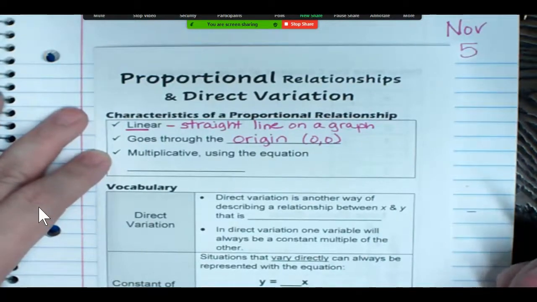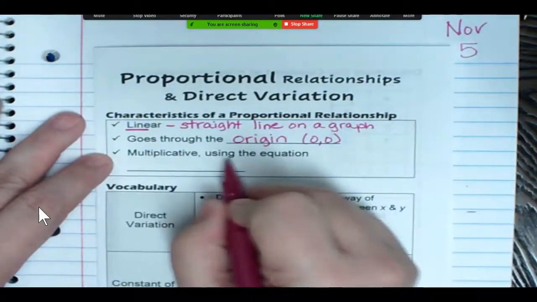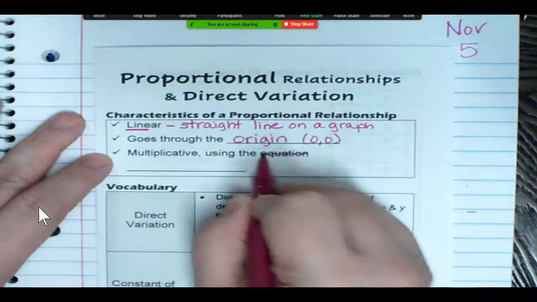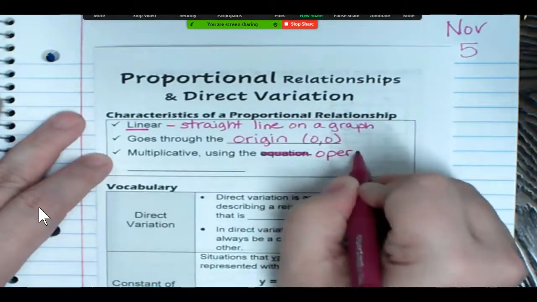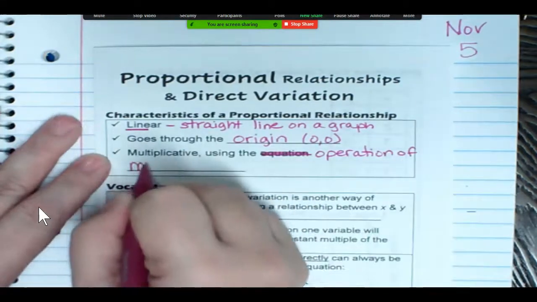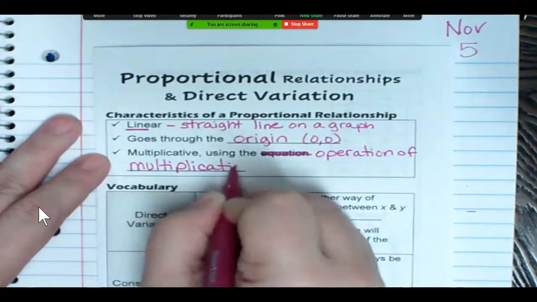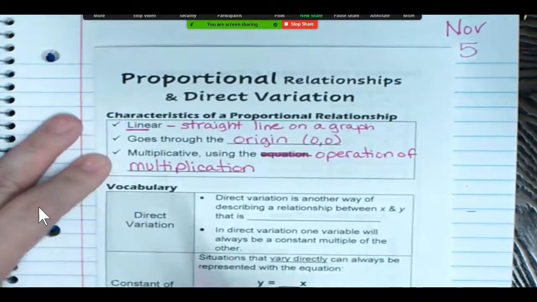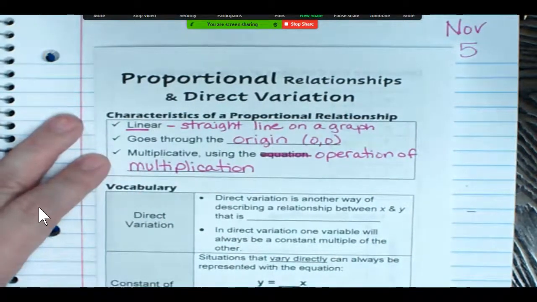A proportional relationship is multiplicative, means it uses the operation of multiplication. Just like the word multiplicative has that multiply kind of root word, means multiplication.